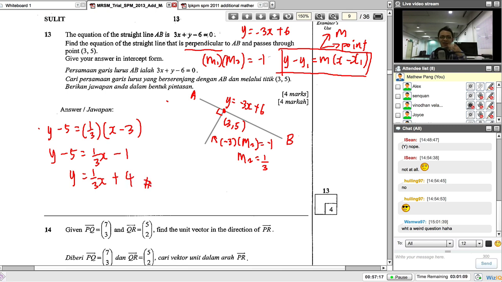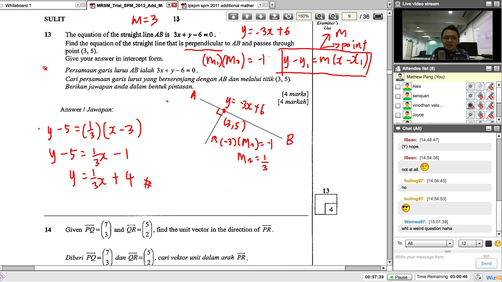I think it just tests your understanding. Actually, it's quite simple, but a lot of students will make a mistake over here. A lot of students will think that the gradient is 3, because they say the gradient is the number just beside the x. So they say m equals 3. Then you get the whole question wrong. Why?